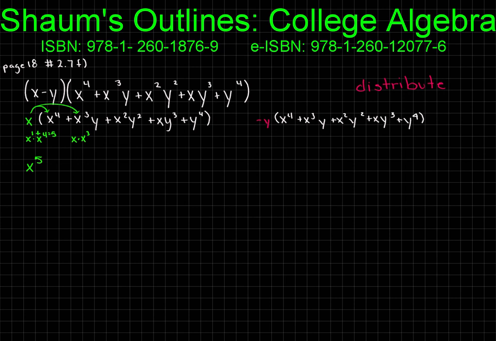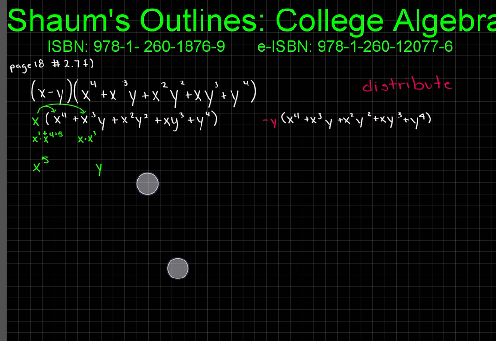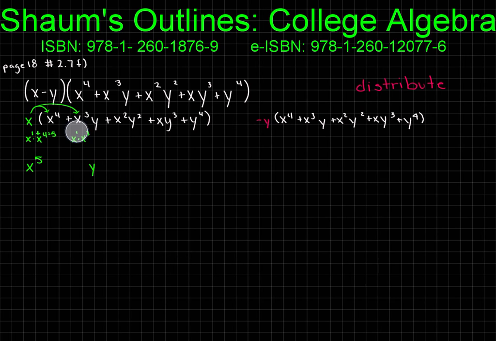We don't worry about the y, it's going to just stay the same because you can only put things together when they are the same. So I'm just going to bring down my y. And then here I'm going to add my imaginary little 1, and then 1 plus 3 gives me 4. So I'm going to get x to the fourth.